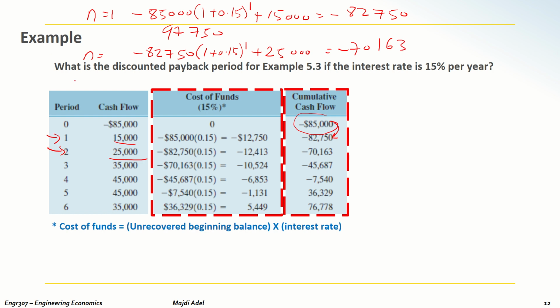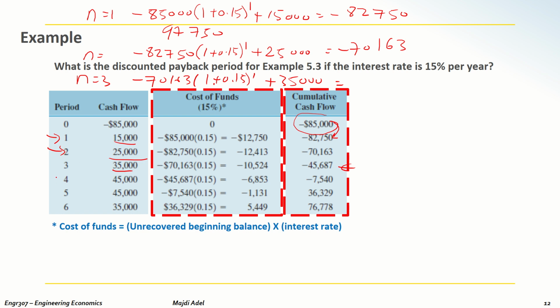At the end of n equal 3, we do the same calculations. Minus 70,163 multiplied by 1 plus 0.15 to the power 1, and at the end of the third year I have received $35,000, plus $35,000, which equals minus 45.